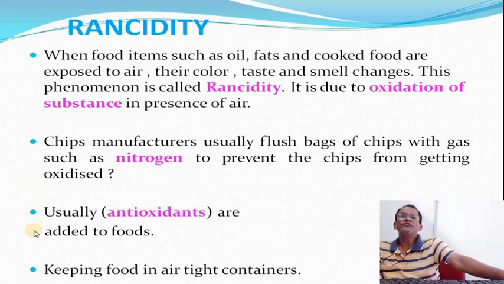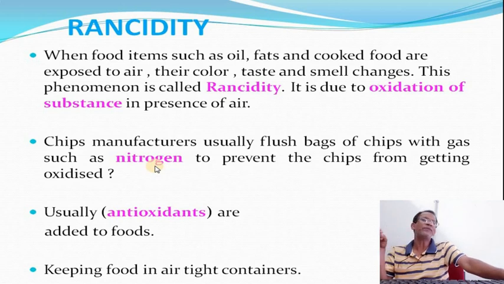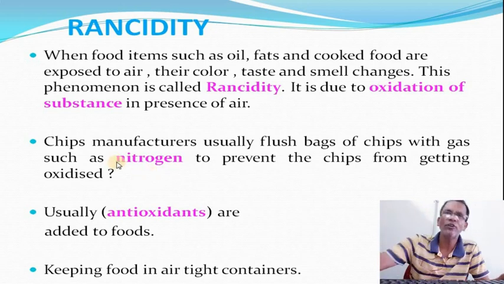We are using different dry fruits. We are packing the dry fruits using nitrogen gas, because nitrogen gas prevents oxidation. Nitrogen is a very stable gas, very stable element. It prevents the oxidation.